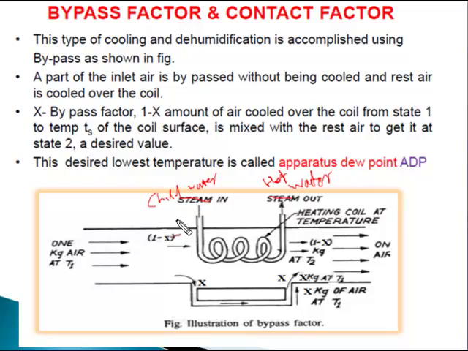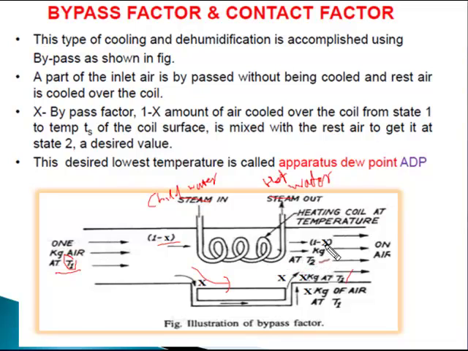Here we can see in this duct, this is the cooling coil in which chilled water enters and warm water goes out. During this process, if 1 kg of air enters at temperature T1, x kg of air passes at the same temperature T1, and 1 minus x kg comes in contact with the coil surface temperature.